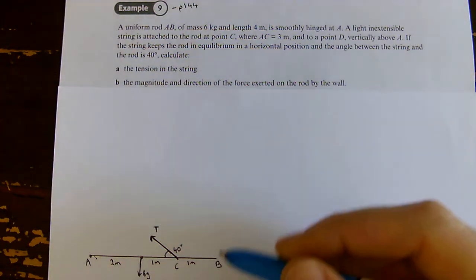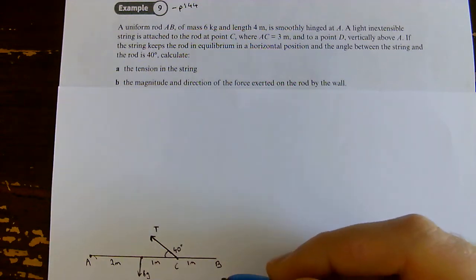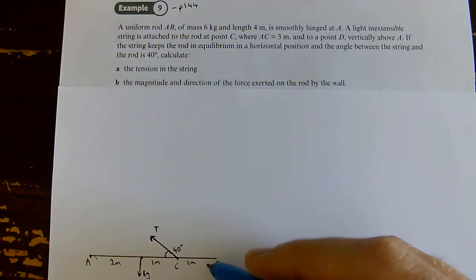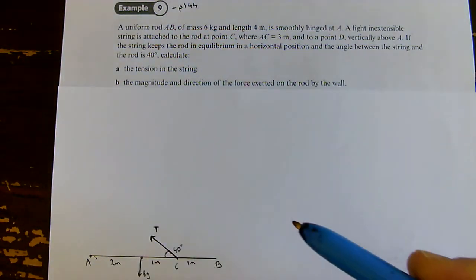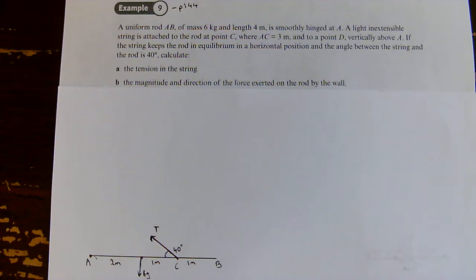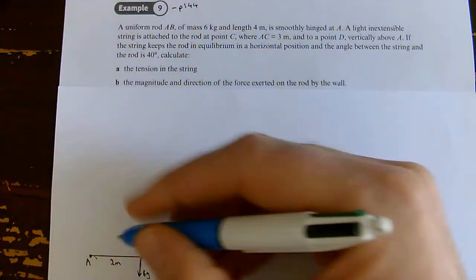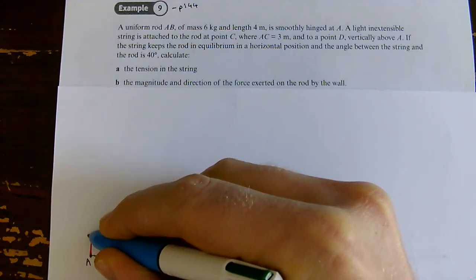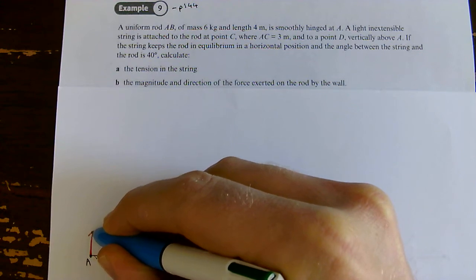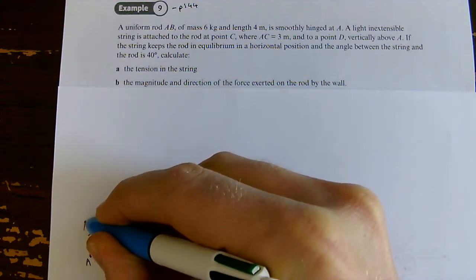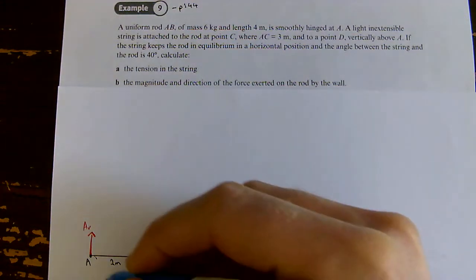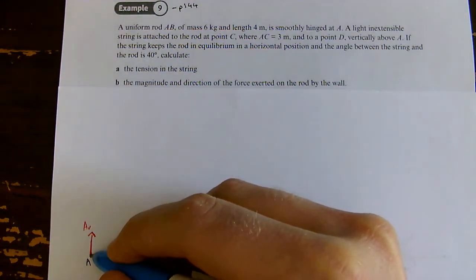Now, the hinge can exert a force in any direction. It can push, it can pull, it can accept torque. The only thing it can't do is provide resistance to turning around itself. So the easiest way to deal with that is to deal with two components of the force at A. We're going to have a vertical component of the force at A, which we'll call A vertical, and a horizontal component of the force at A, which we'll call A horizontal.